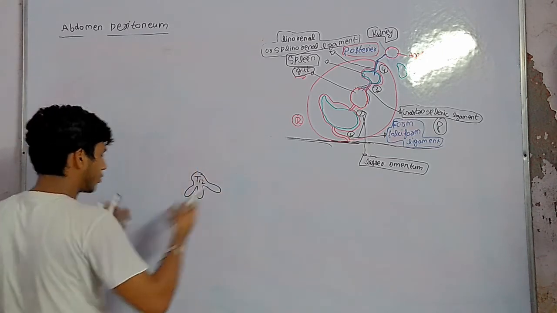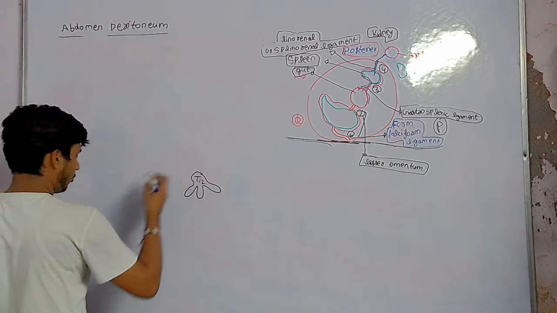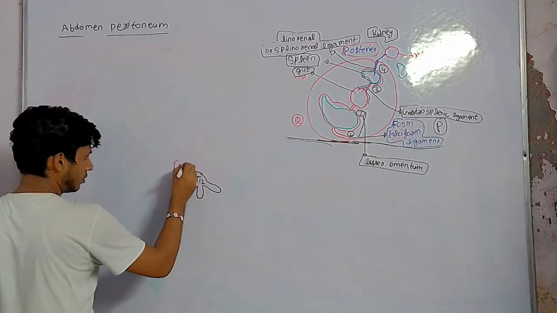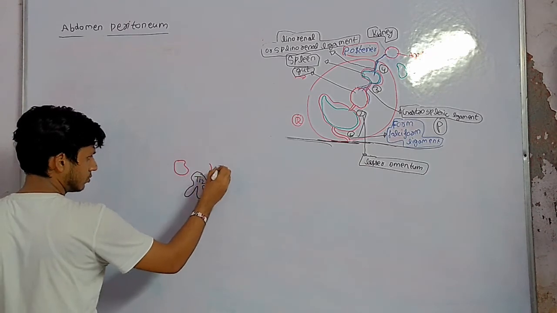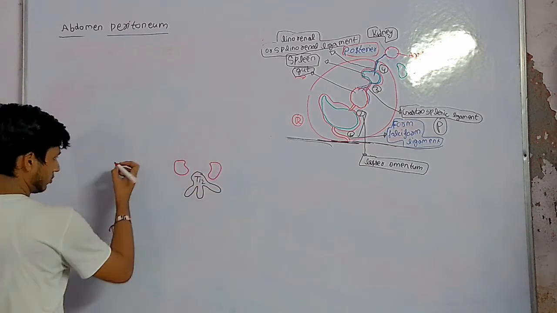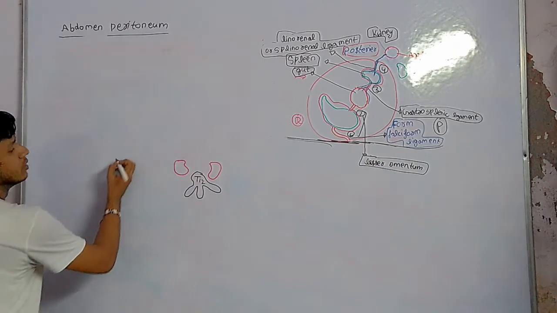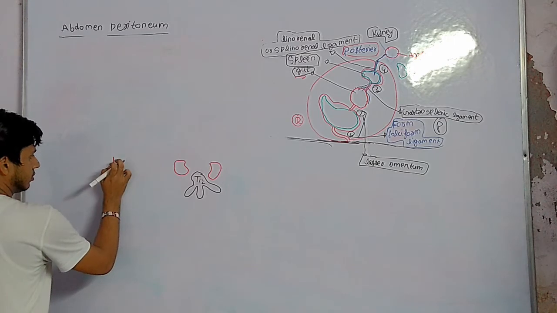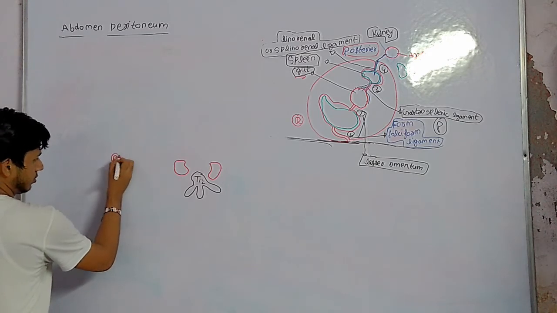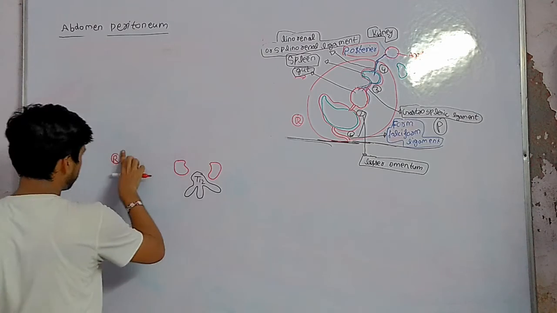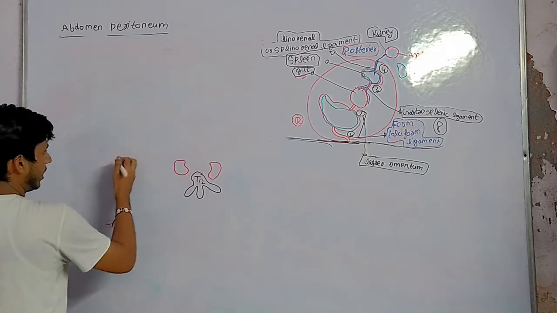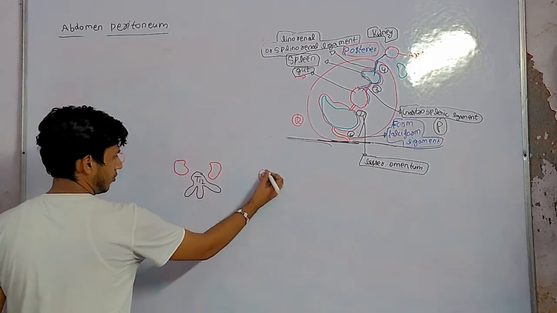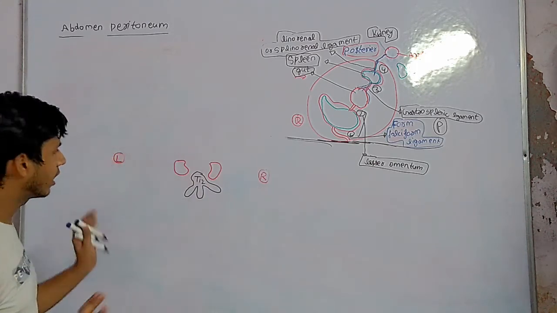We don't draw the ribs. We have kidneys on both sides, and we draw the kidneys on both sides. If we take this as the left and this as the right, we can interchange left and right again if mentioned.